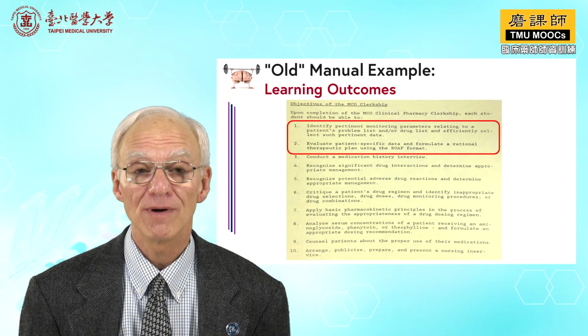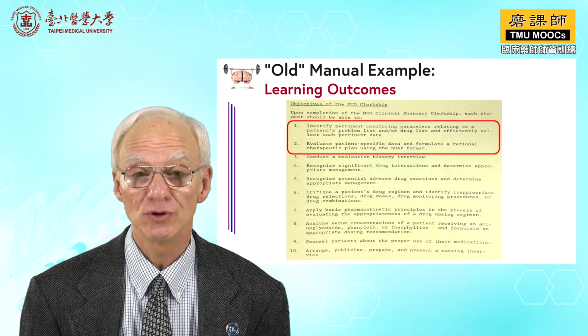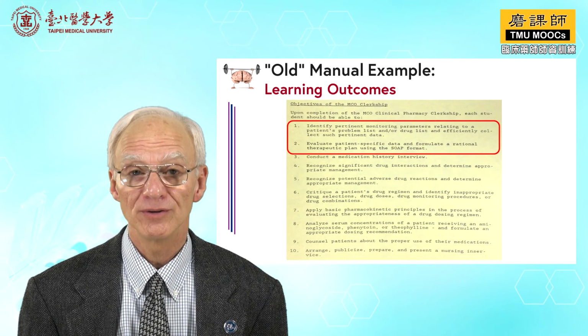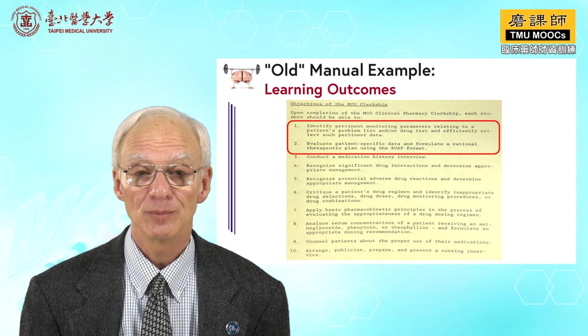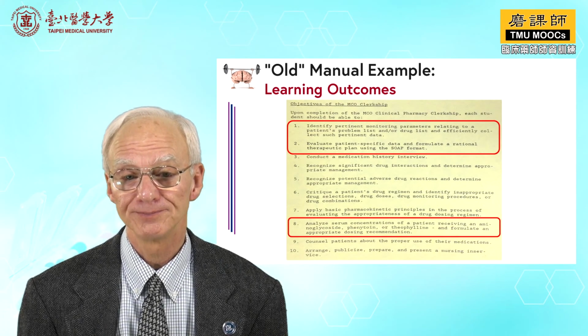So we're clarifying what the student needs to be able to do. So if there's any question about what students are going to be expected to accomplish during the rotation, the preceptor can refer the student to a clear, defined list of learning outcomes.